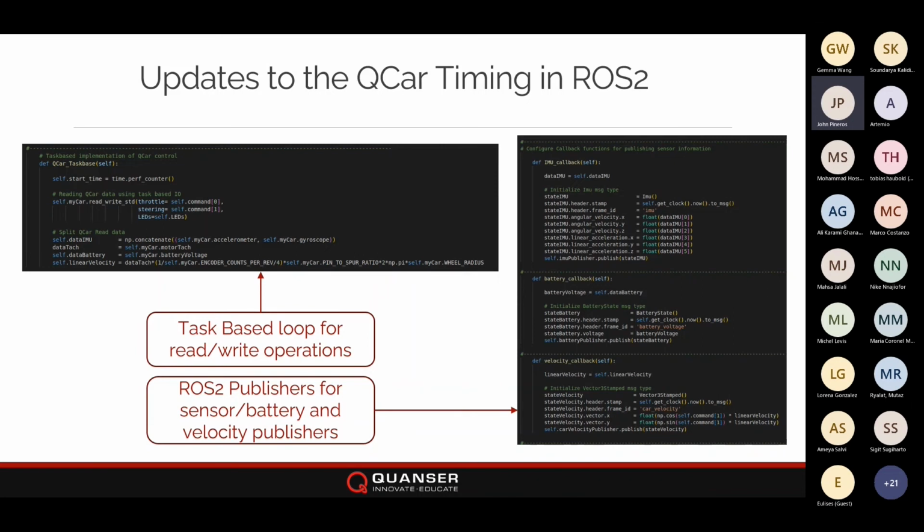Now, we also have to create these actual publishers and combine that information, which is what we can see on the screen as individual sections, either for the IMU itself, or for the battery, or for the velocity. The advantage of taking an approach like this is you have modularity in terms of not relying so much on ROS for the timing.